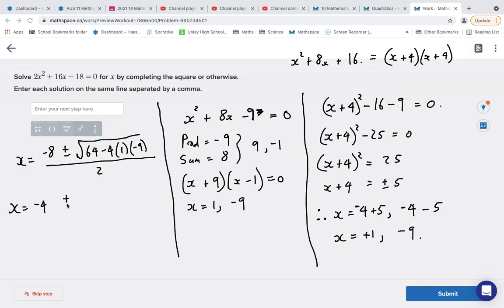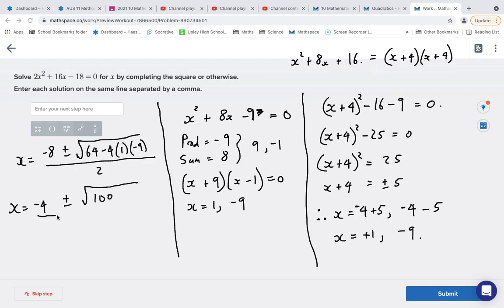But then I'm going to get plus minus this square root, which I need to think about. So 64 plus 36, which is 100. All right, so we've got -4 times 1, but that's easy. -4 times -9. 4 9s are 36. 2 minuses makes positive, so we get 64 plus 36 is 100.